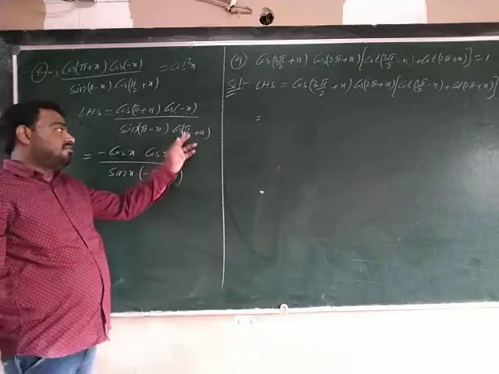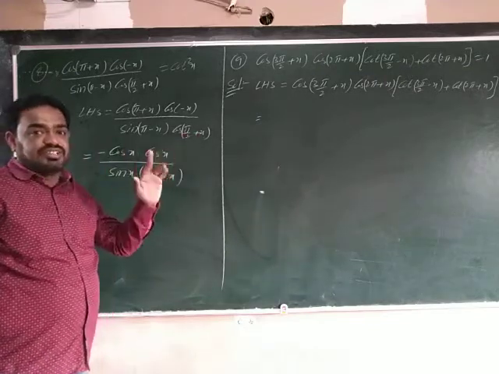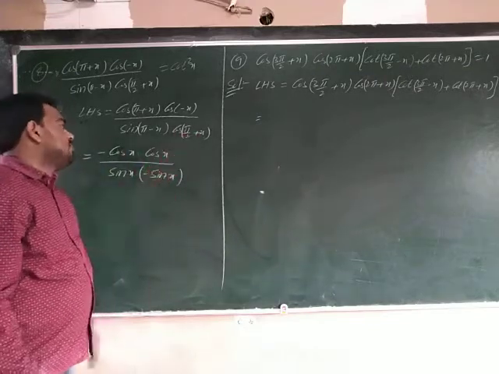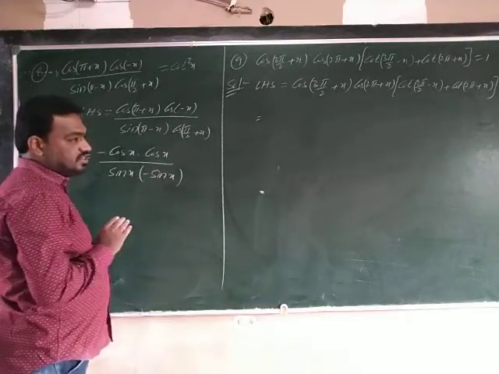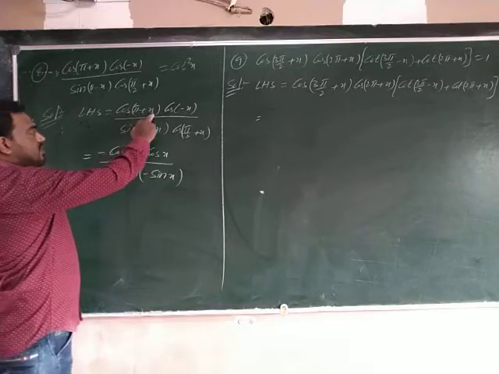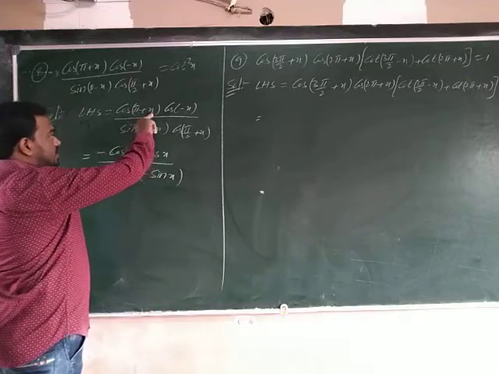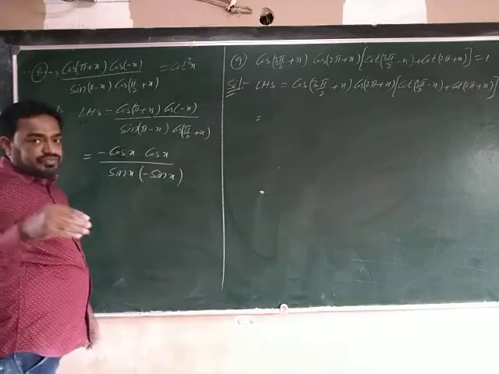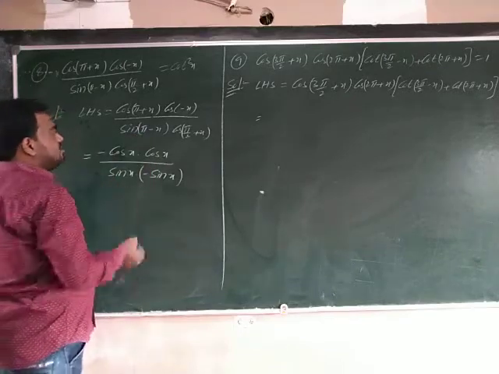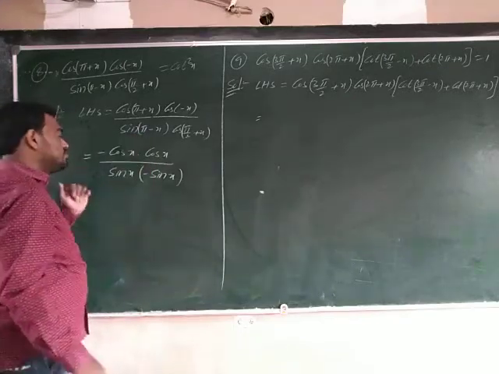For an angle pi by 2 plus x, the function changes, cos changes to sin. For angle pi plus x or pi minus x, the trigonometric functions do not change. Pi plus x is in the third quadrant, cos is negative, so negative. Pi minus x is in the second quadrant, sin is positive, so positive.